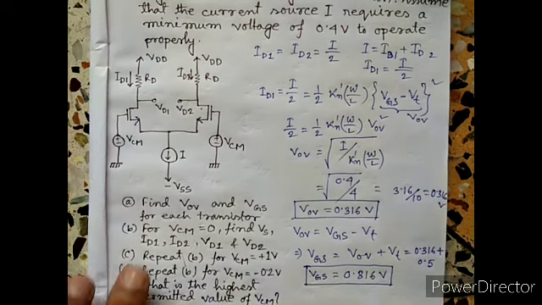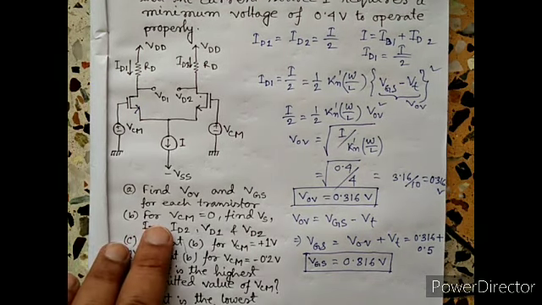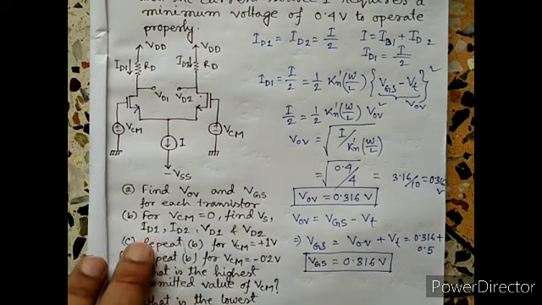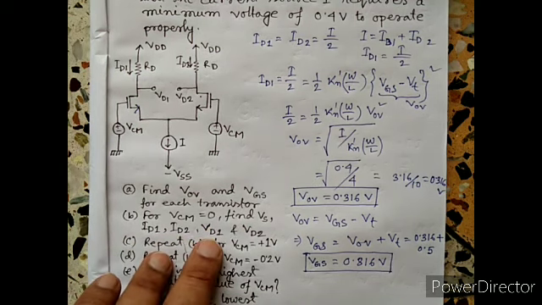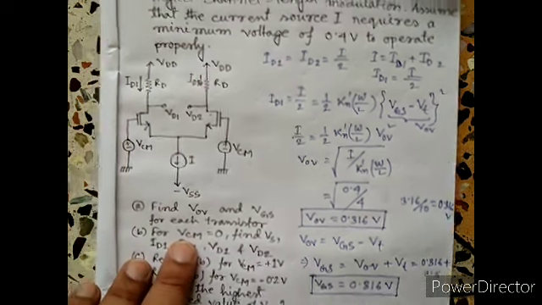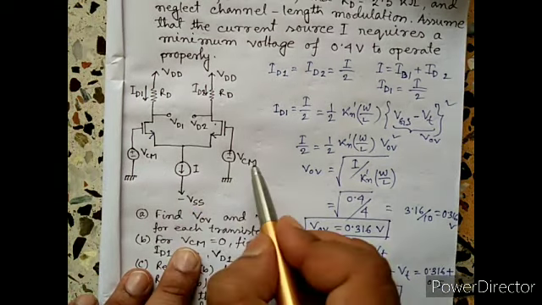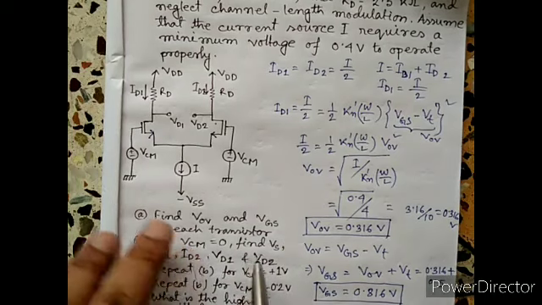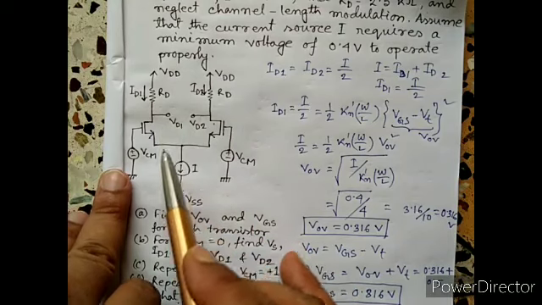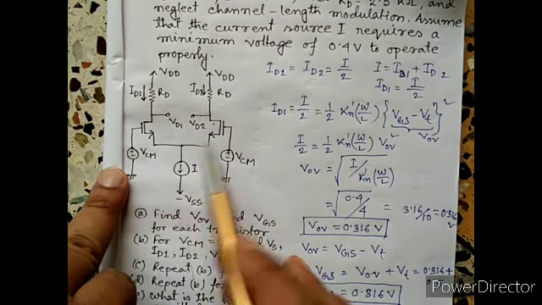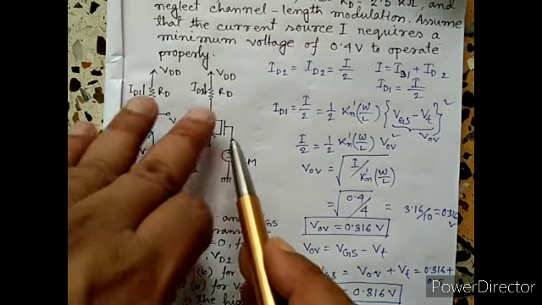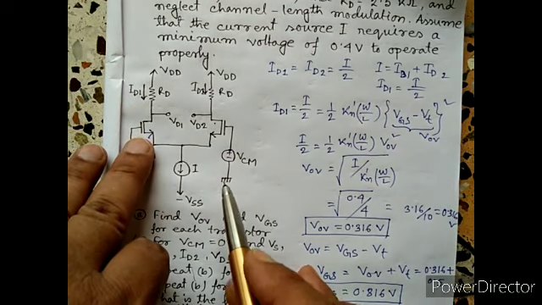Now the second part: for VCM equals 0, find VS, ID1, ID2, VD1 and VD2. When we set VCM equals 0, the same matched transistors with the same gate potential are used, so the current passing through the transistors should be the same.